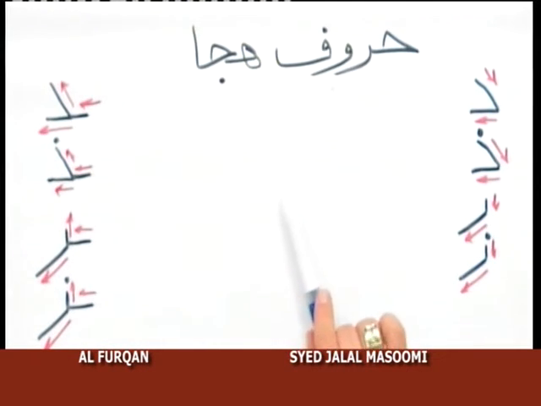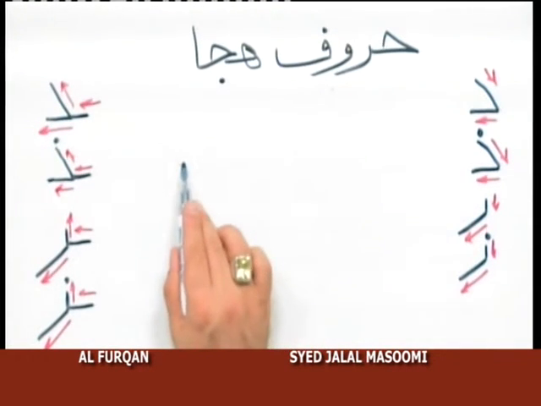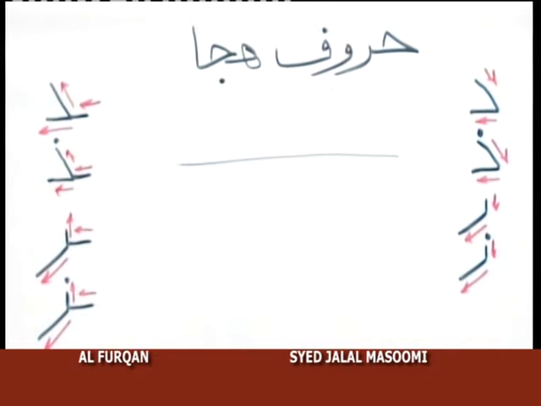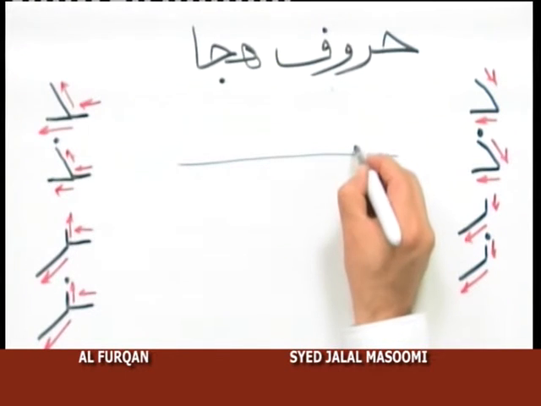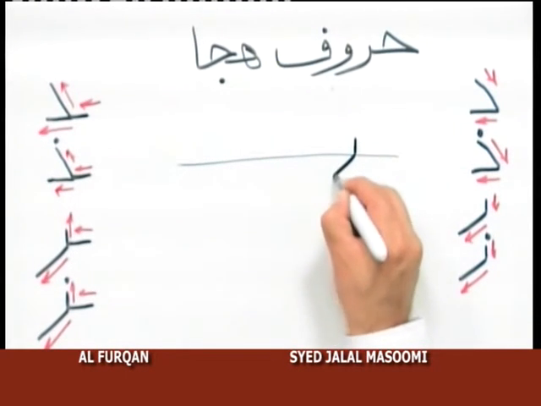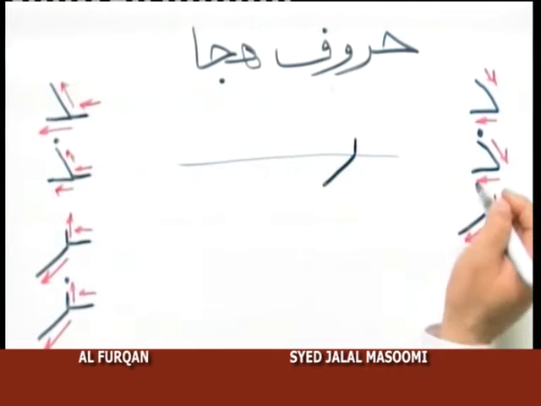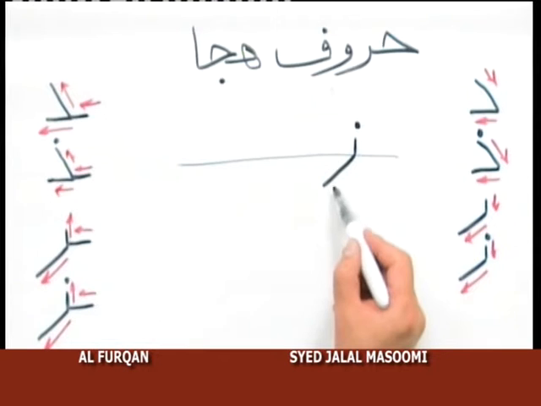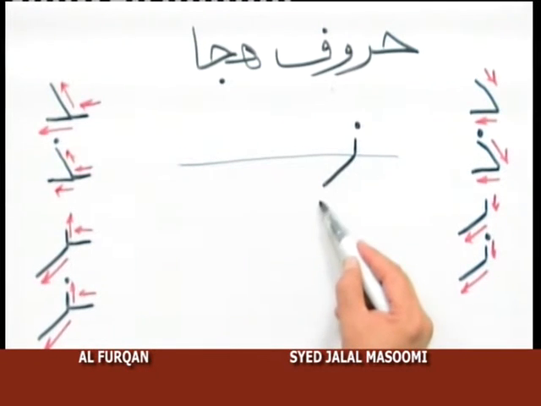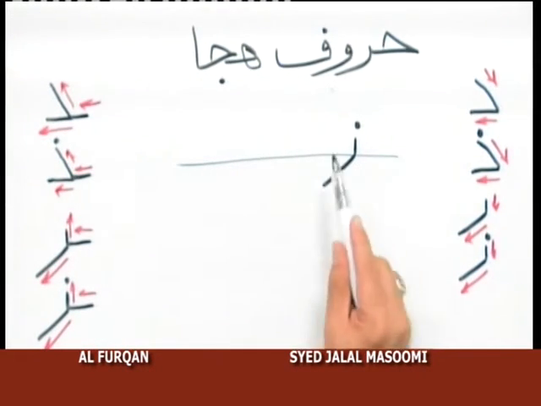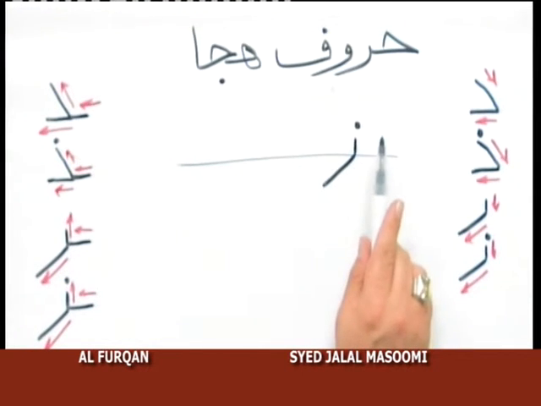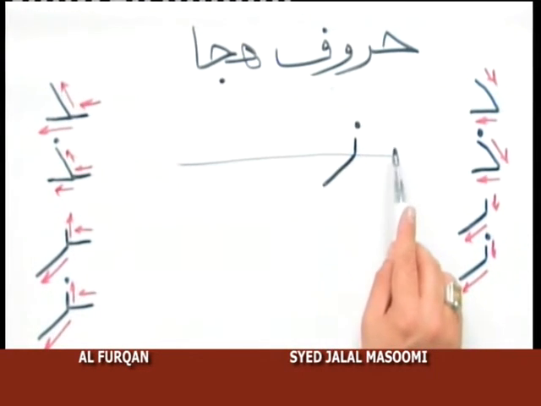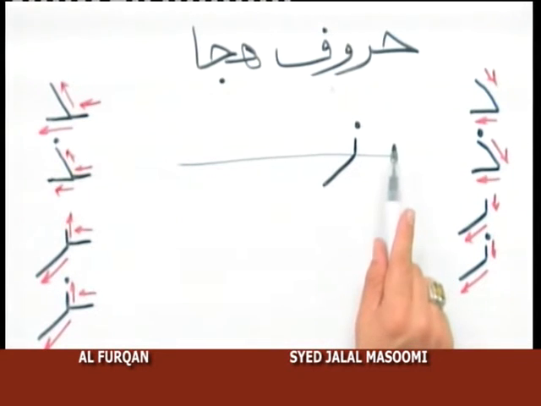So we can't have any words in the Arabic language or in Quran joining Ra with another letter. We don't join Ra or Dal or Dhal with any other letter. Of course, these letters join with the letter before them with some letters.